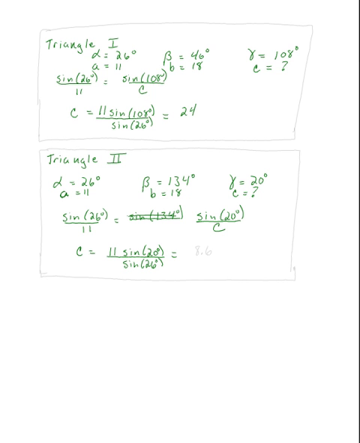And we'll do some button pushing again. 11 times the sine of 20 divided by the sine of 26 gives me 8.6 for C. Okay, so those are my two solutions, two triangles in this case.